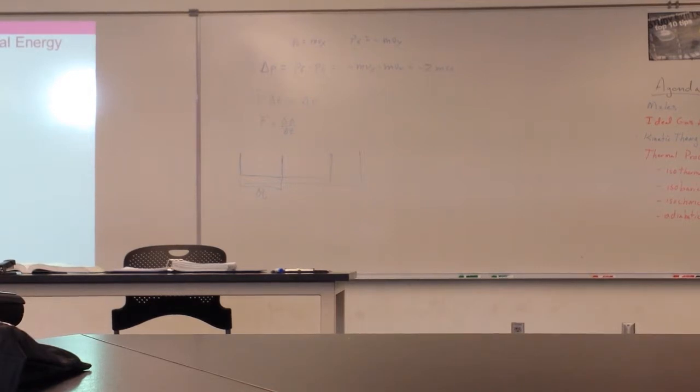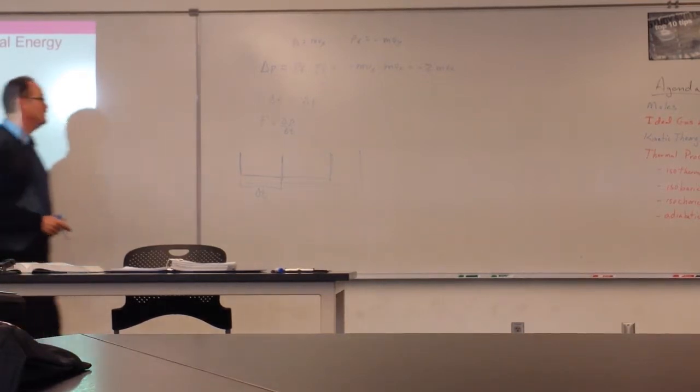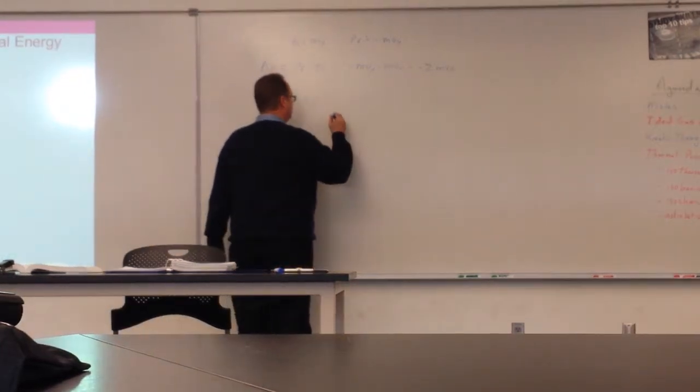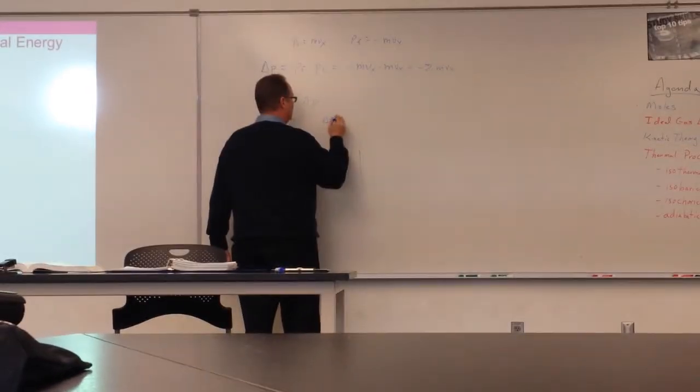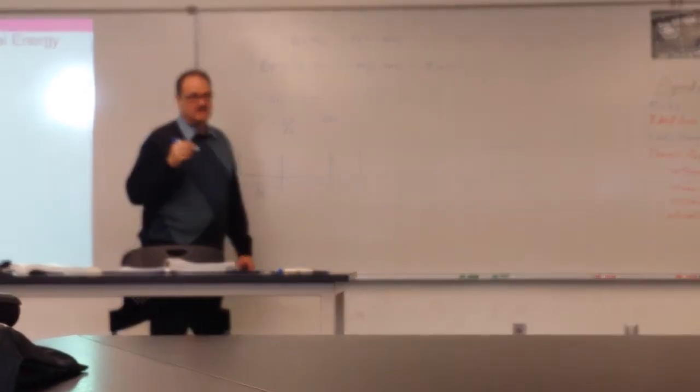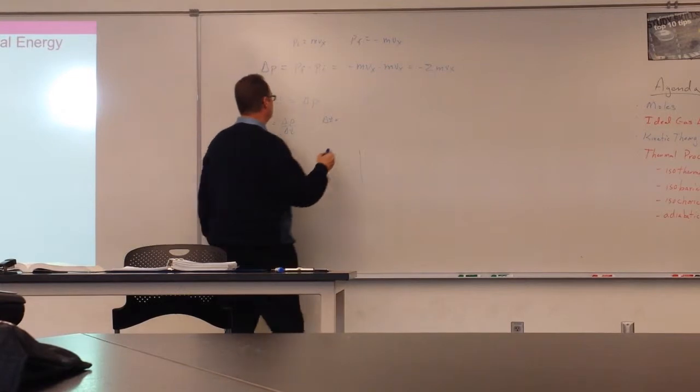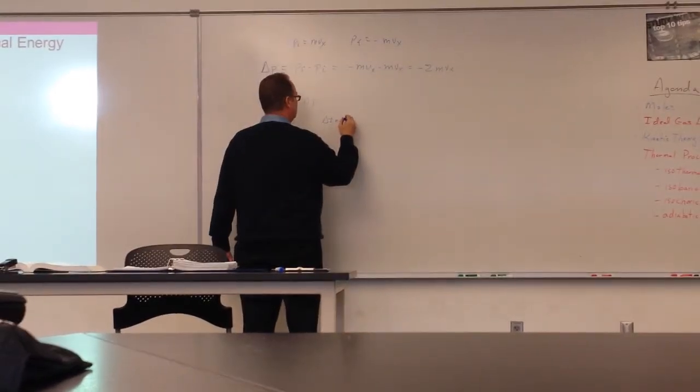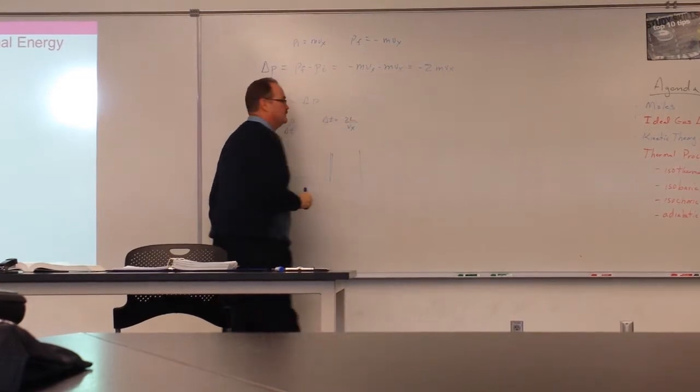No matter how it bounces around in the x direction, it's got to hit off this wall and come back. So we know the ball travels 2L, so delta t is distance over velocity. So it's going to be 2L over vx.